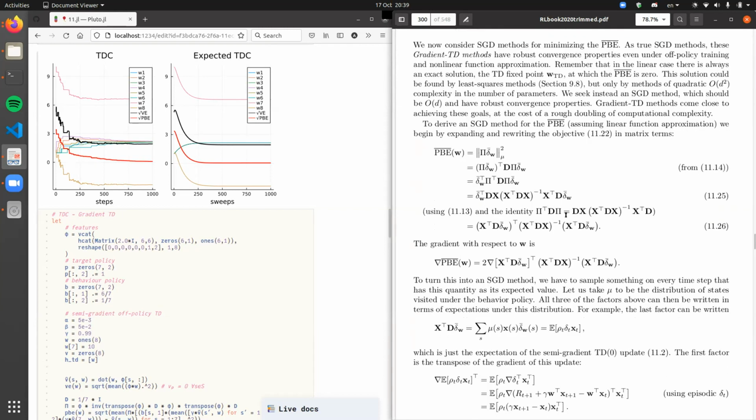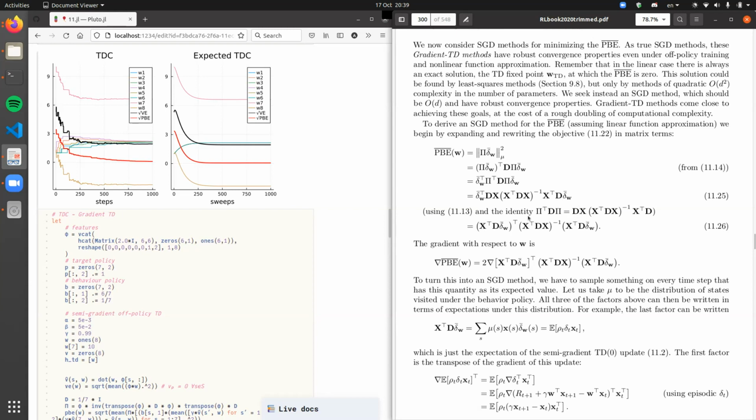By applying some rewriting using standard linear algebra, we can get to this form.